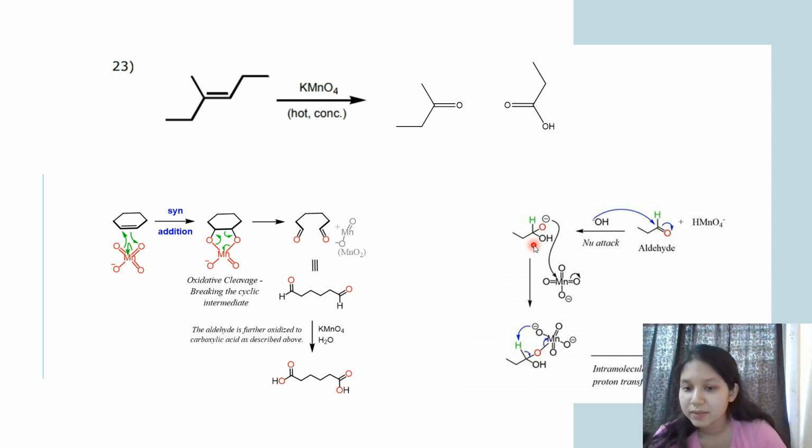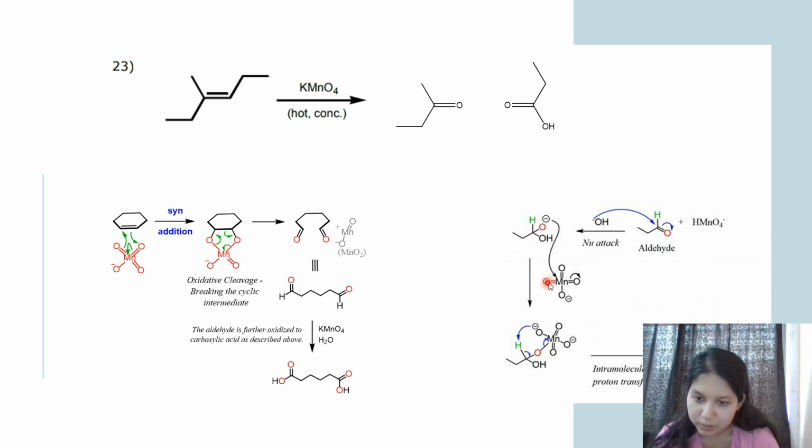Okay, this oxygen will attack at the metal center of permanganate, leading to the formation of an oxygen anion at this position. So you get an oxygen-manganese bond formed. Now one manganese-oxygen double bond will extract a proton from this carbon, which is containing the oxygen atom coordinated with the manganese.